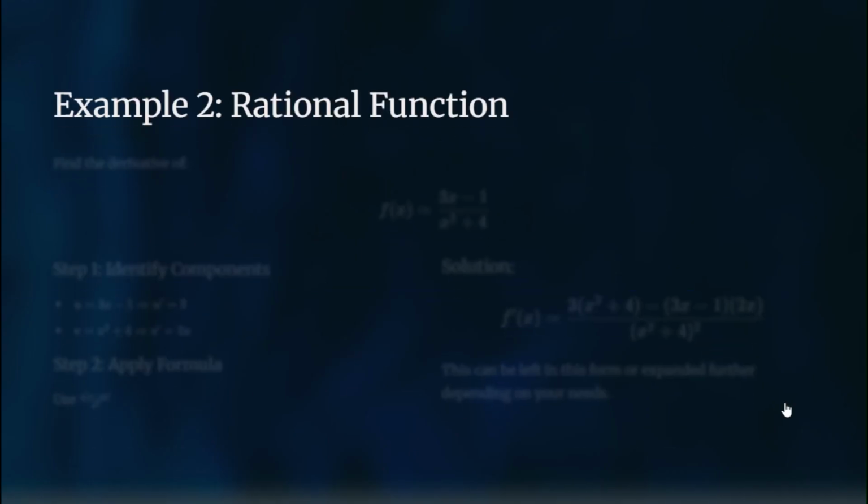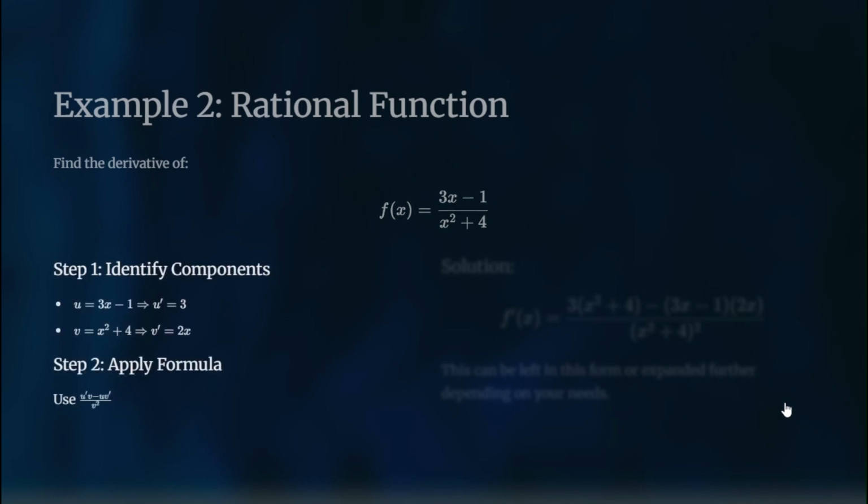Let's look at our second example. We want to find the derivative of f of x equals 3x minus 1 over x squared plus 4. First, let's identify our components. U is our numerator, that is 3x minus 1, and its derivative u prime is equal to 3. V is equal to x squared plus 4, and its derivative v prime is equal to 2x.